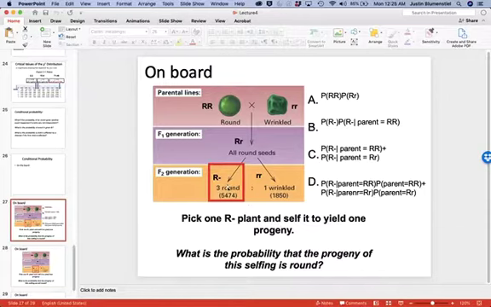The probability that we end up with big R dash, because there are two ways of getting round, big R big R or big R little r, given that we picked a big R big R parent from the F2, times the probability that we actually picked that one, plus the probability that we obtain big R dash given having picked the other possible F2, big R little r, times the probability that we picked the big R little r. So that's it.